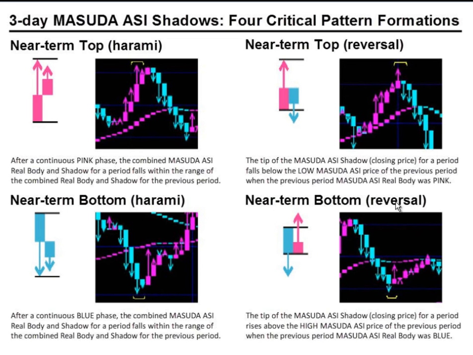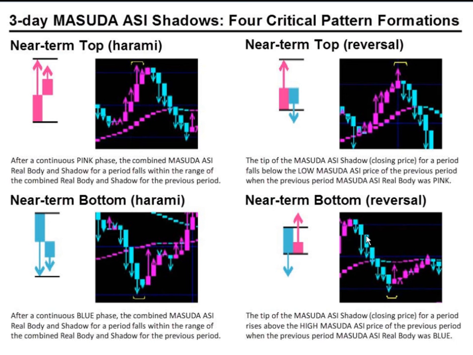Similarly for the near-term bottom reversal, which is a bullish reversal, so we're expecting it to go up. The tip of the Masuda Ashi shadow for a period, in this case here, rises above the high Masuda Ashi price of the previous period, when the previous period Masuda Ashi real body was blue.